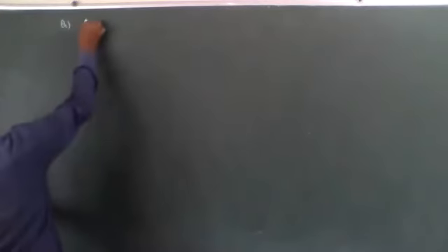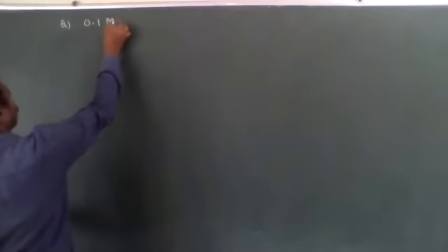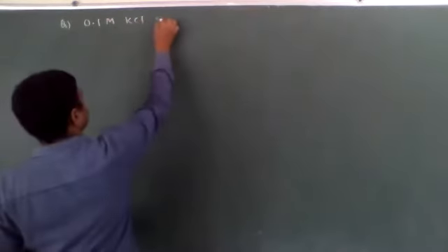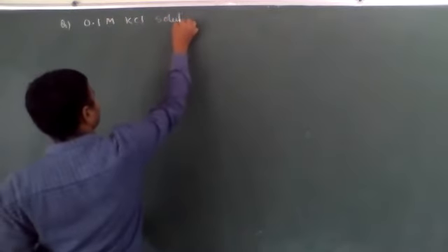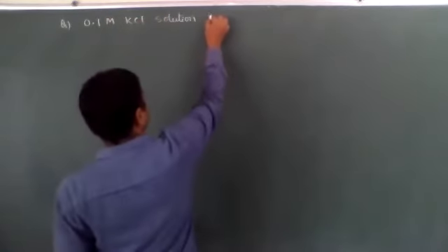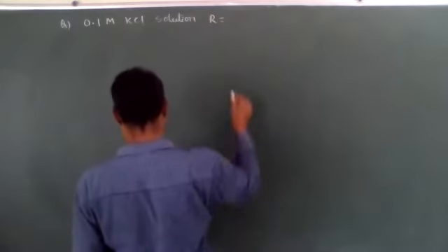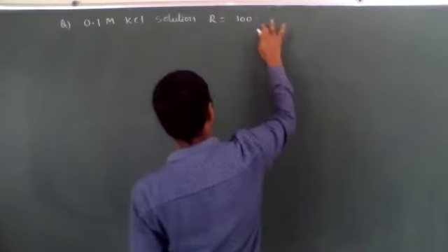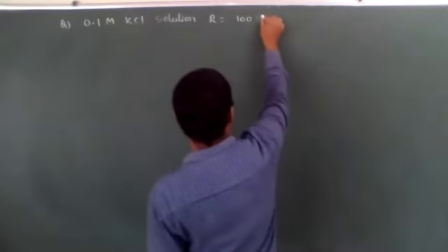See the question. 0.1 molar potassium chloride solution. Resistance R is equal to 100 ohms.